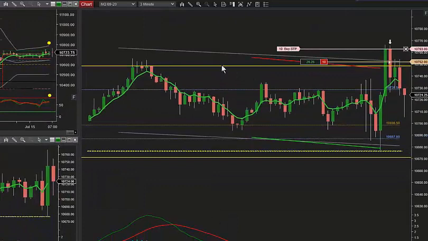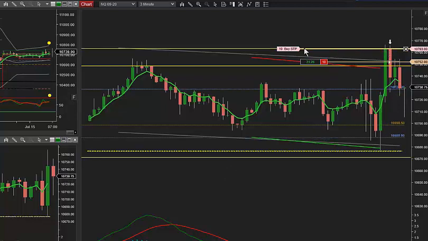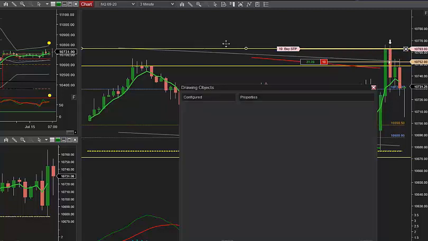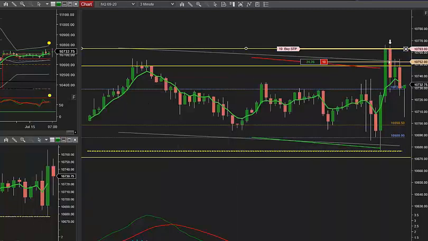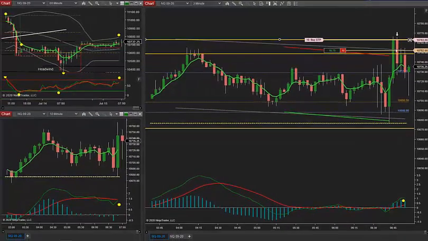I also like to mark the overnight range, and usually, if I'm not too busy or I don't forget, I like to mark the opening range. I just pay attention to price action for the first 50 to 60 minutes. Put a little line up there. No big deal.